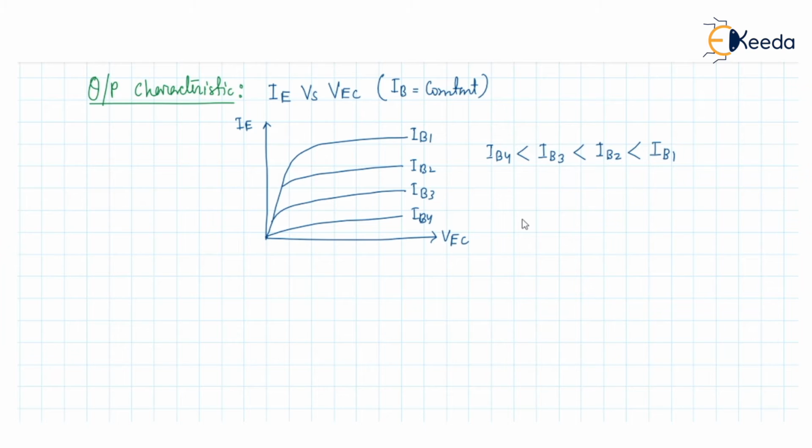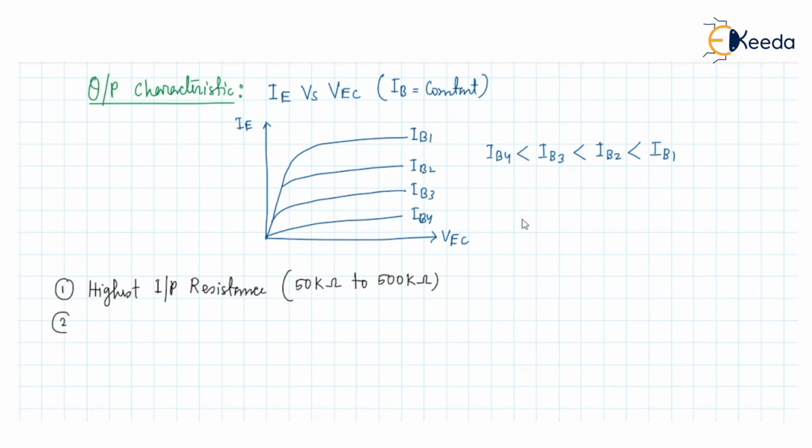So what are the properties that we can find from this CC configuration? The first property is that it will have the highest input resistance. Generally, the value of the input resistance is of the order of 50 kilo ohm to 500 kilo ohm.